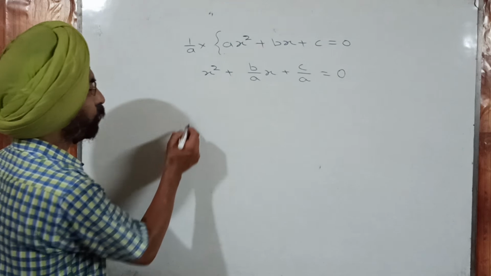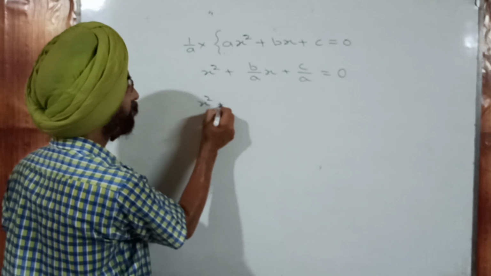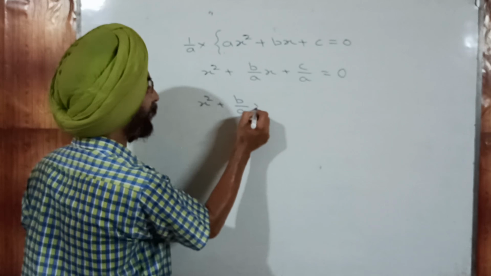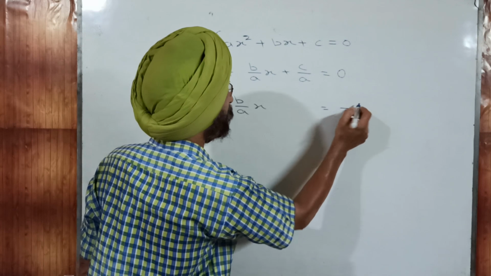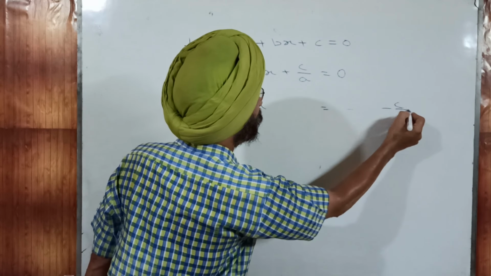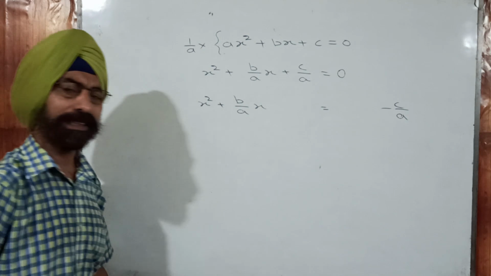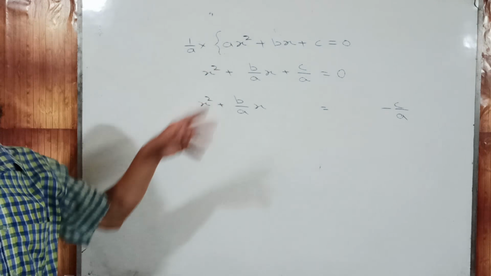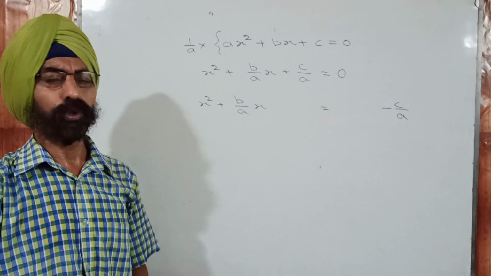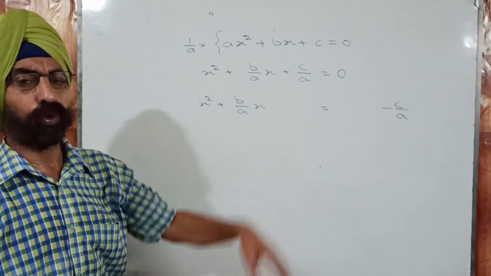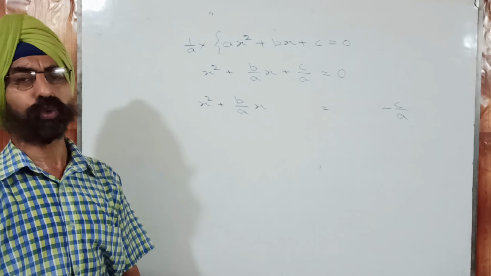You will get x square plus b upon a x is equal to minus c upon a. This method that we are doing, you know it very well, is known as the method of completing squares.